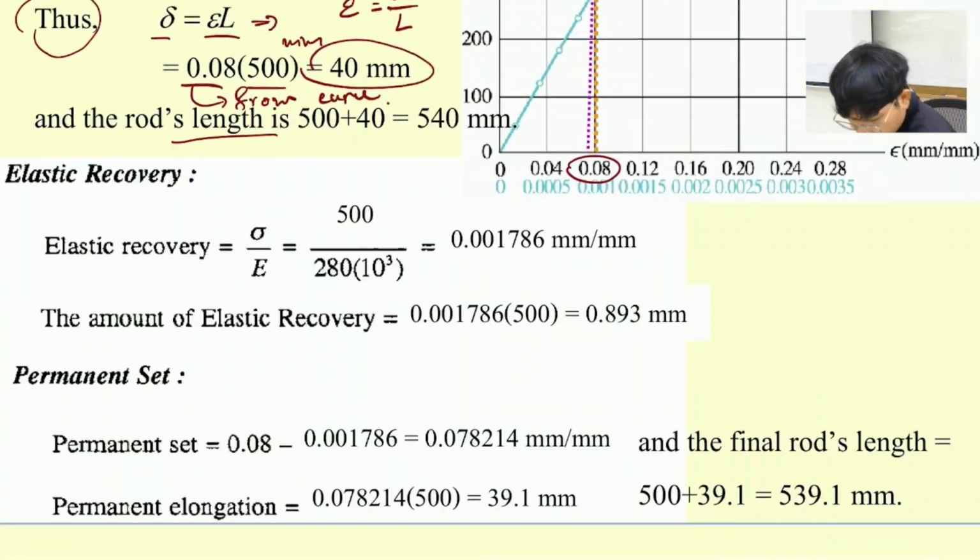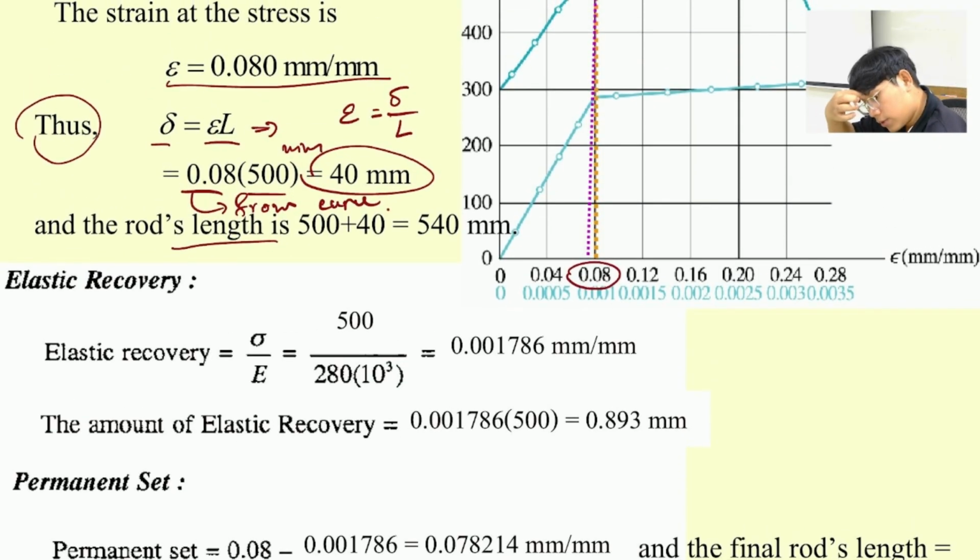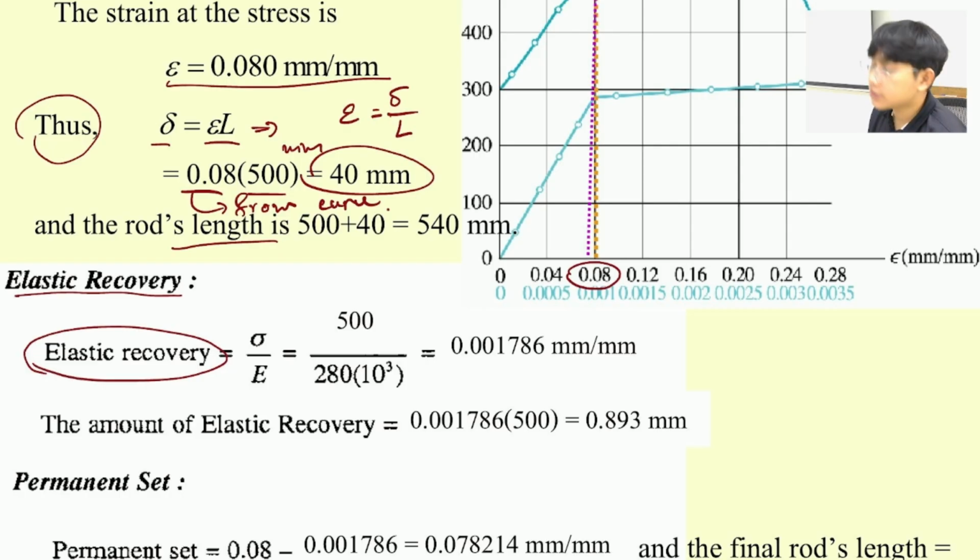Okay. As we discussed recently, the material itself is going to recover some length, which is not 100%. But we don't know the distance of the recovery, so that's why we need to find the elastic recovery first.